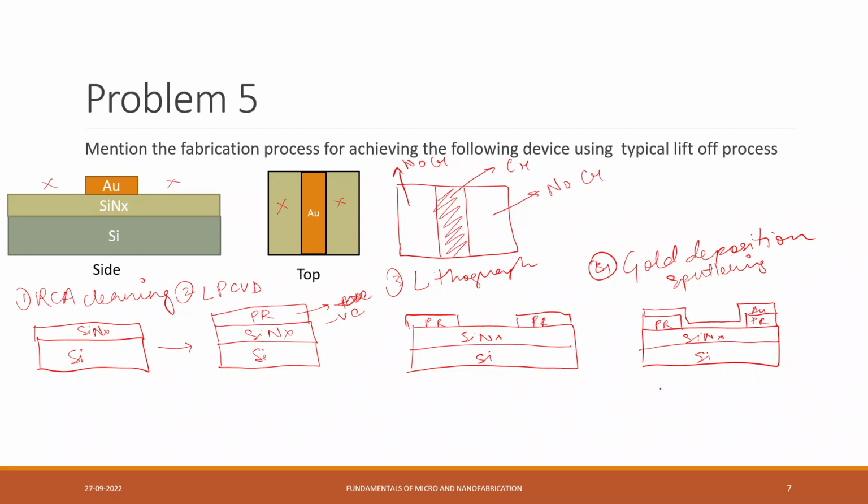When we lift it off using some PR strip, only the portion left here remains. So these portions will be washed off or stripped off the silicon nitride surface. So this is the process for lift-off. Okay, so we will go to the next one.